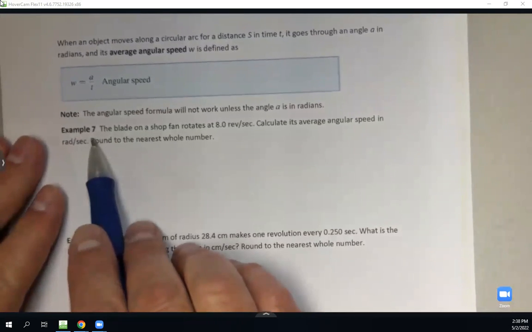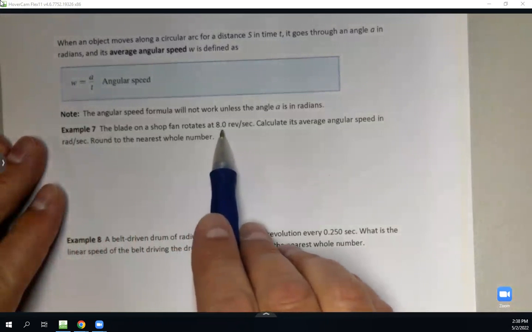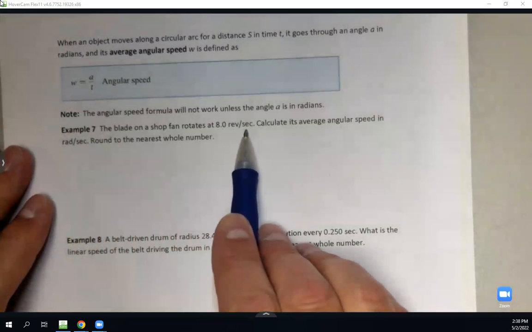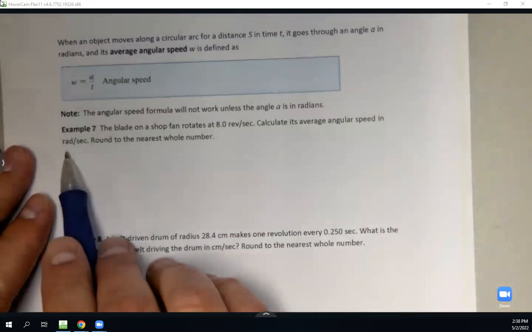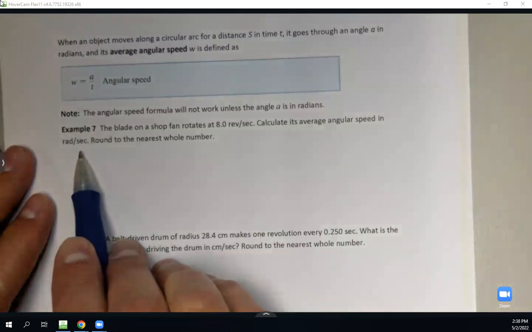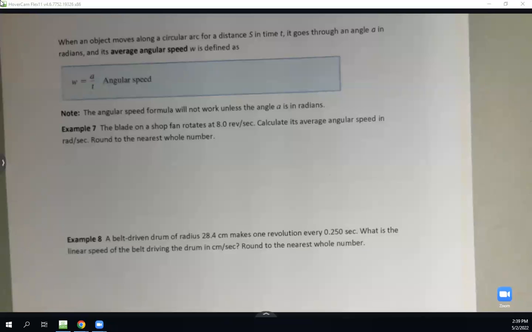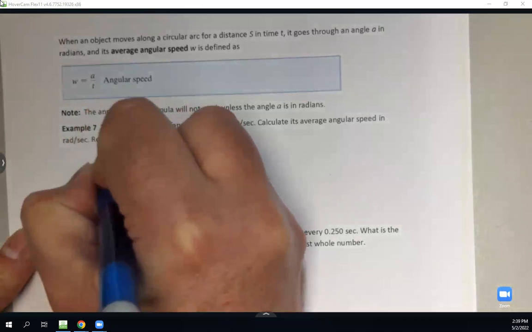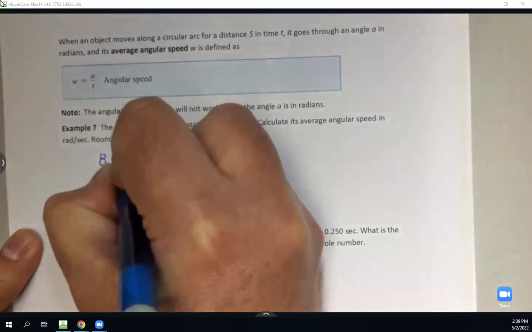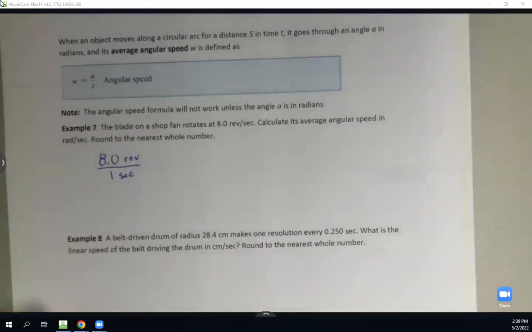Example: the blade on a shop fan rotates 8.0 revolutions per second. Calculate its average angular speed in radians per second, rounded to the nearest whole number. So we have 8.0 revolutions in 1 second.